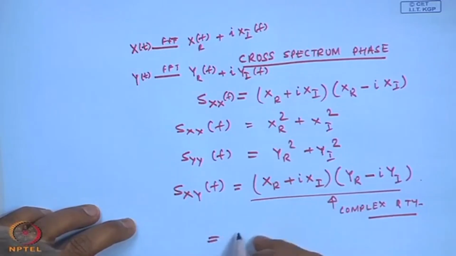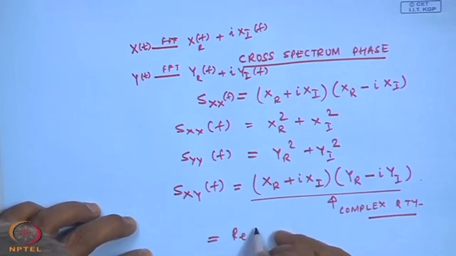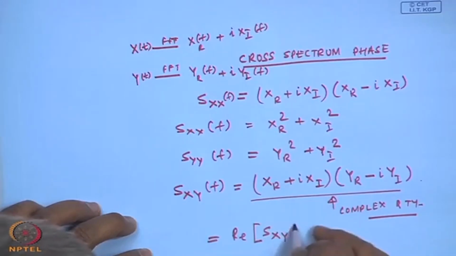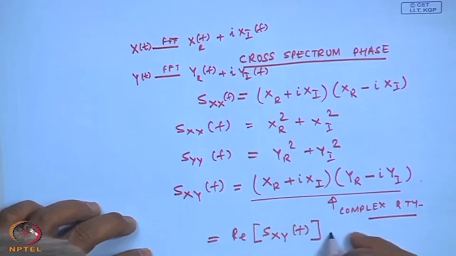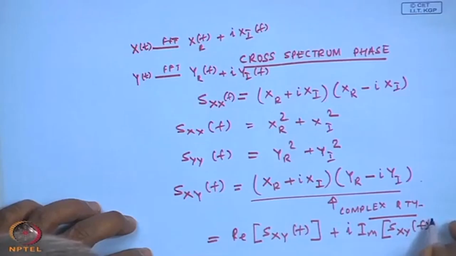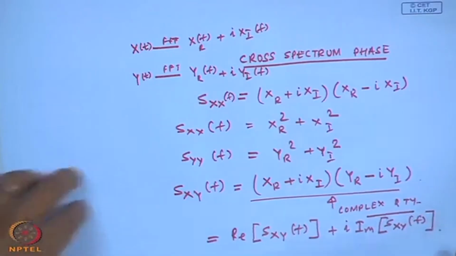So, this will have a real part of Sxy(f) plus an imaginary part of Sxy(f) and so on.